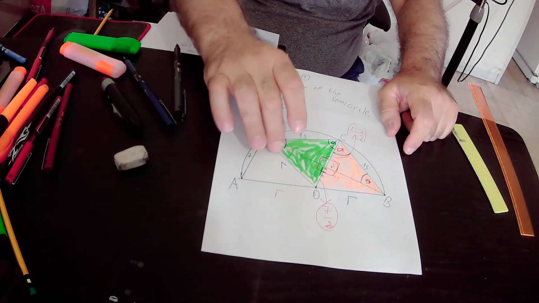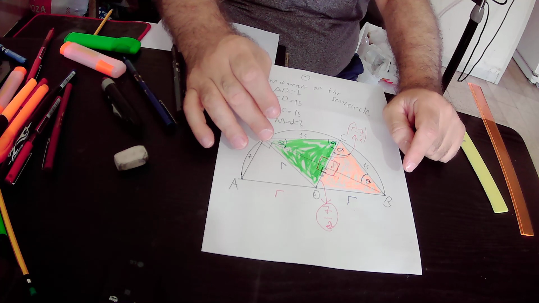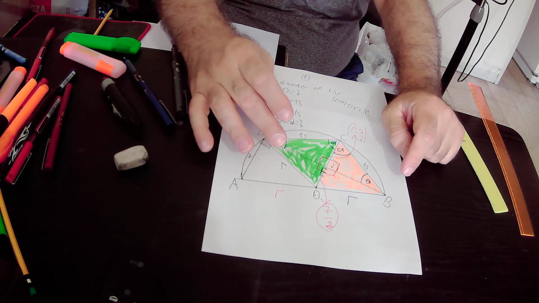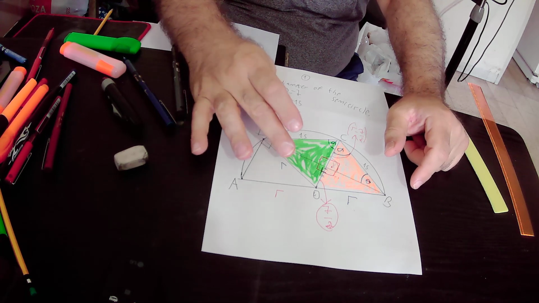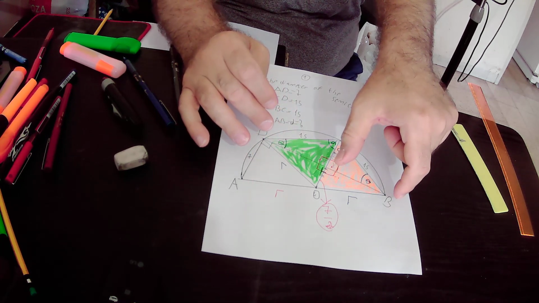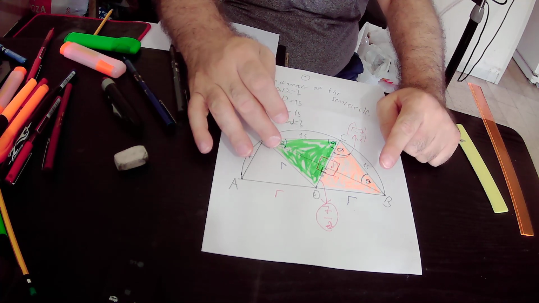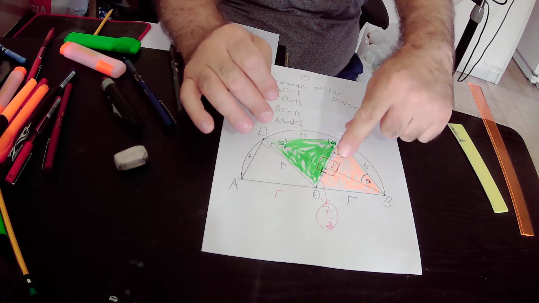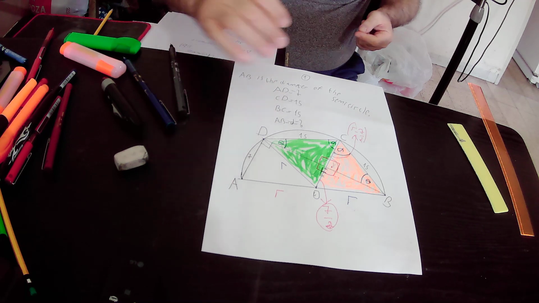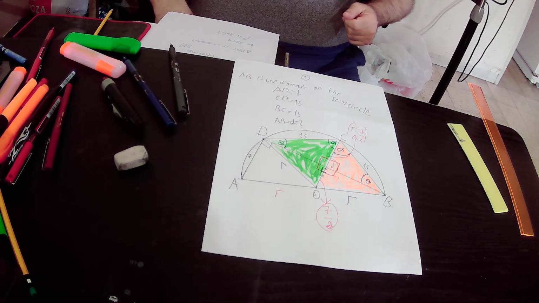OD is the radius of this semicircle, equals OB, that is also the radius, because both sides are radii of this semicircle. And also OC equals OC. OC belongs to the green triangle, and it also belongs to the orange triangle.